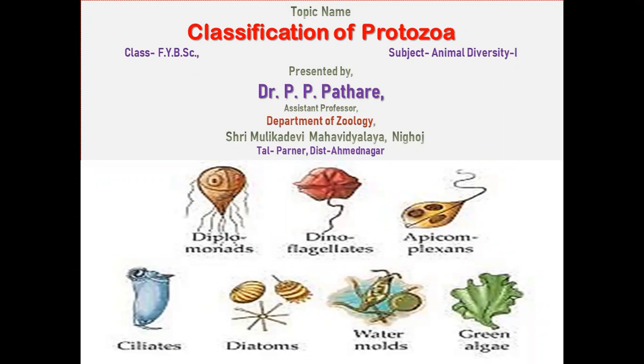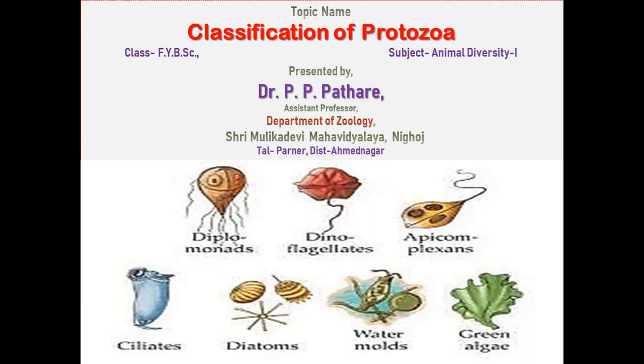In that lecture, I explained some basic fundamental features of protists. We observed that this animal is unicellular, eukaryotic, generally found in aquatic habitat.